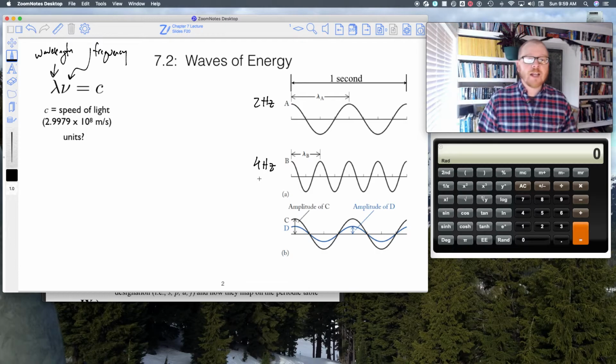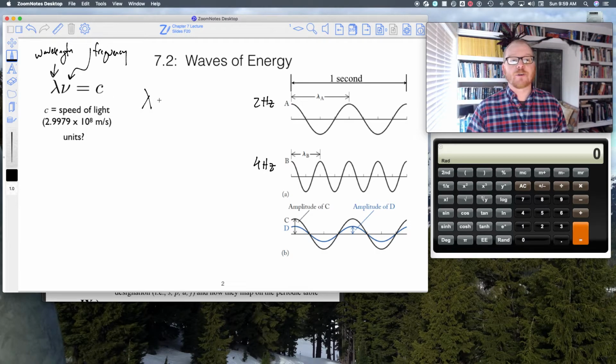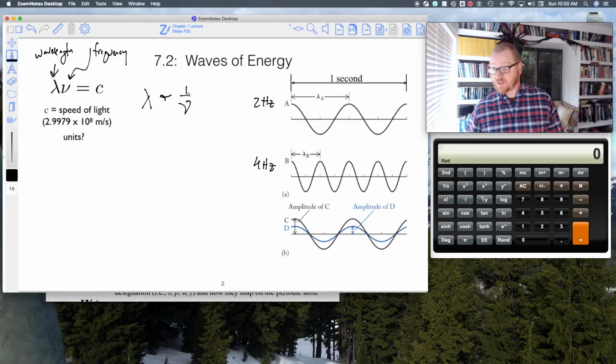Okay, and so what we can see here, lambda and nu are inversely proportional to each other. So lambda is proportional to 1 over frequency. Okay, so the smaller the frequency, the bigger the wavelength. The bigger the frequency, the smaller the wavelength, right? So hopefully you can see that on this figure, right? Where this frequency is now twice as big, its wavelength is going to be twice as small, okay?